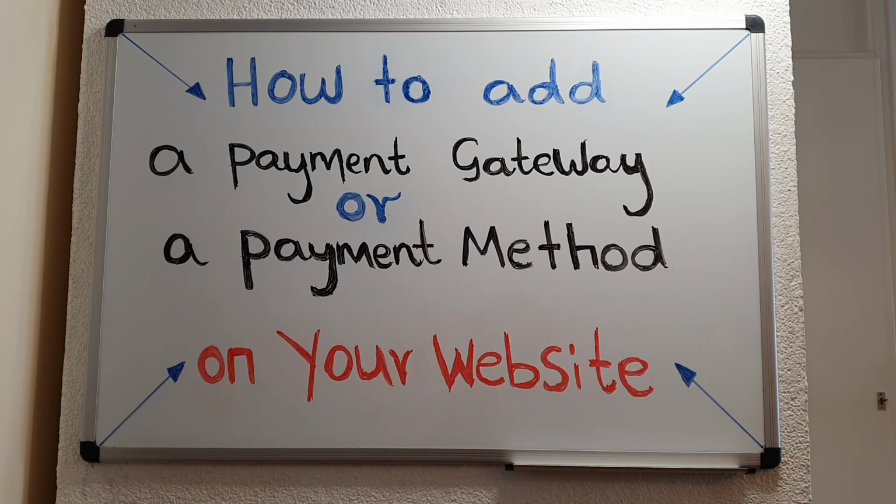However, you need to look out for hidden fees and costs acquired for approving debit and credit card payments. So there you go. That's how you add a payment method on your website.